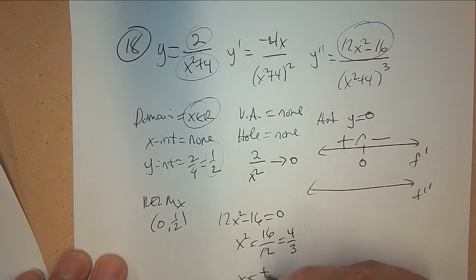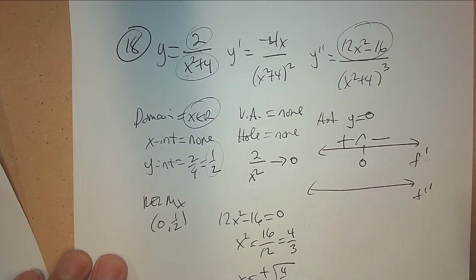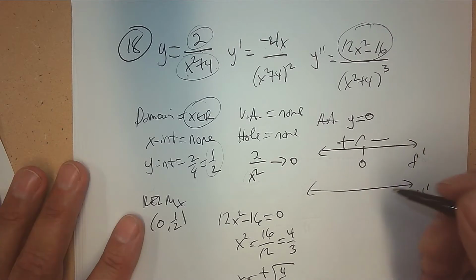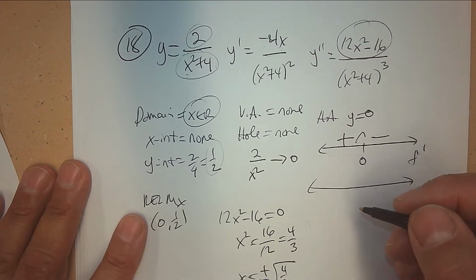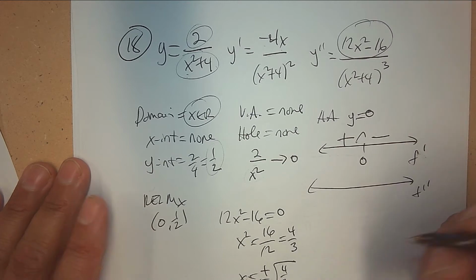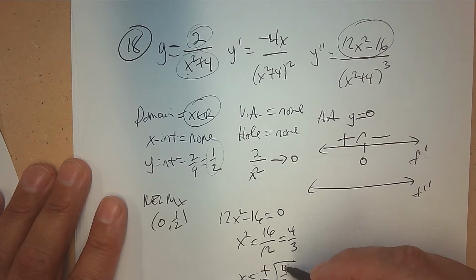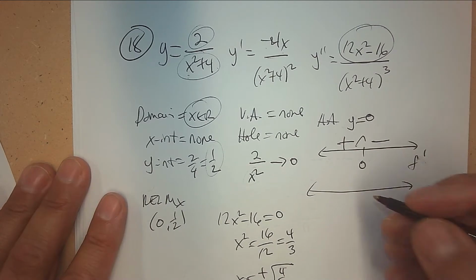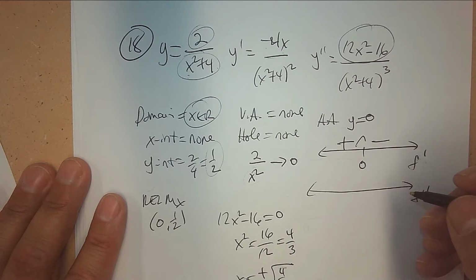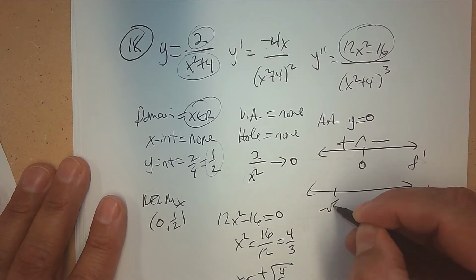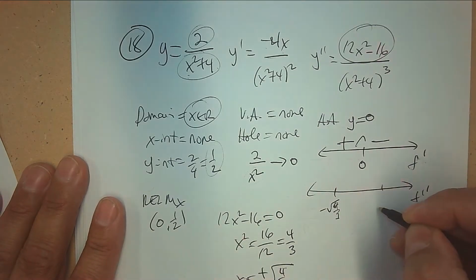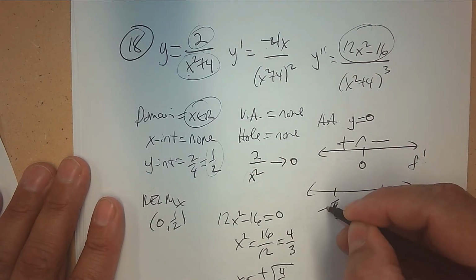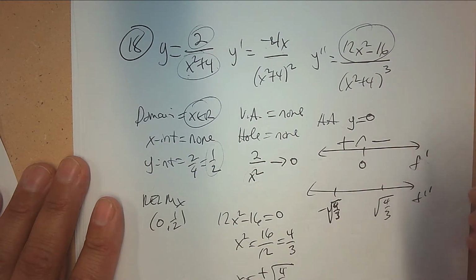So it's positive and negative square root of 4/3, which is a little bit bigger than 1. Three over 3 would be 1. The square root of 4 over 3 is a little bit bigger than 1. So I need negative root 4/3 and positive root 4/3. There it is, sloppy as it is.